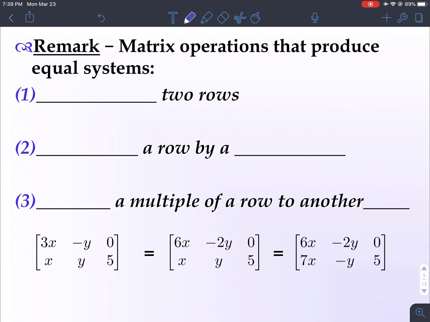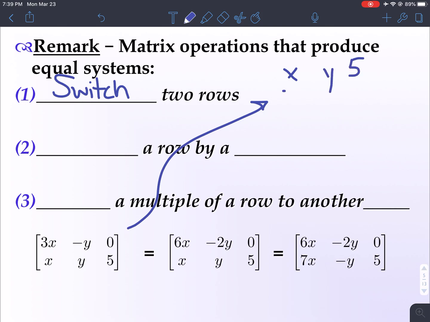Matrix operations that we can perform without changing the characteristics of a matrix. We can switch any rows. So for example, see this one down in the corner, 3x, negative y, 0, x, y, 5. I can switch those rows and I could write x, y, 5 and 3x, negative y, 0.